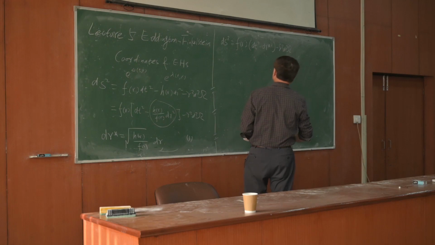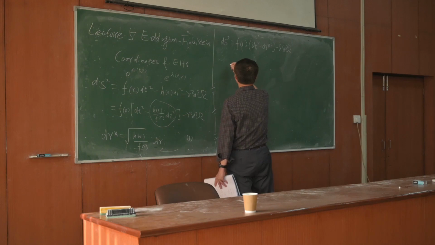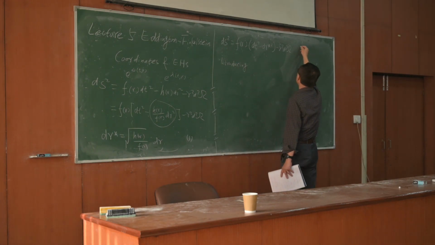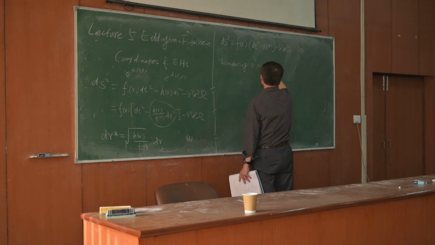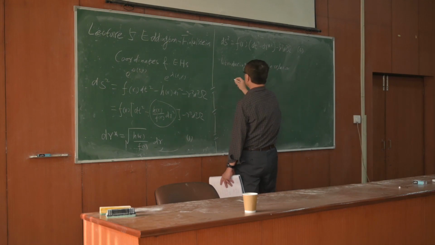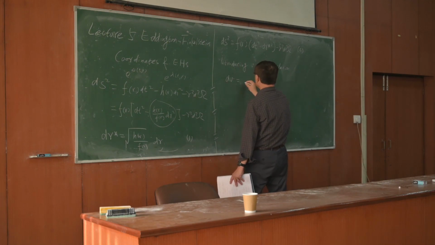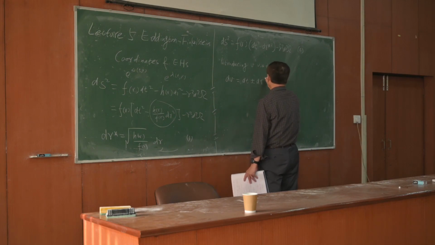The reason I do this is that from here I can introduce new coordinates: dv equals dt plus or minus dr star.